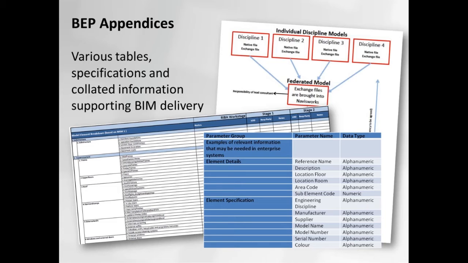But a written document will have a hard time to specify all of this information. So together with a BIM execution plan, you have a number of appendices that try to make this information much more editable, much more clear, much more flexible, and transparent by using a number of schematic diagrams and representation and annexes and tables and all sorts of documents that make this easy to read for all the stakeholders.